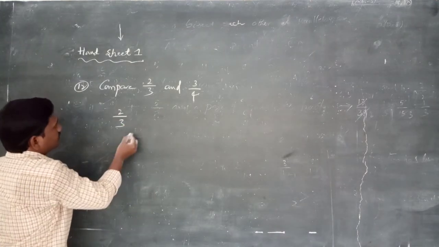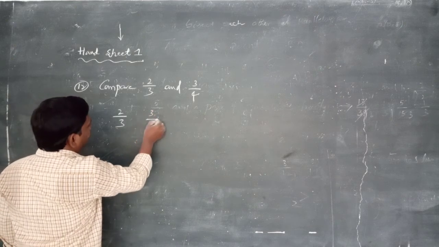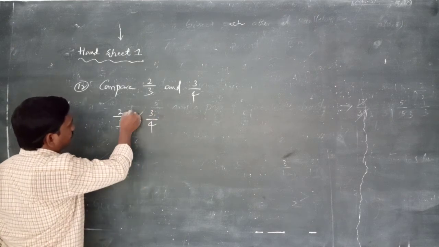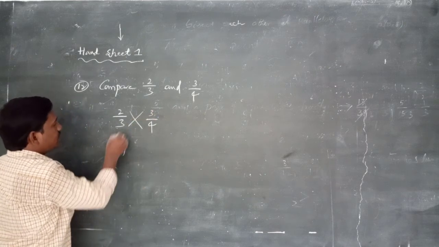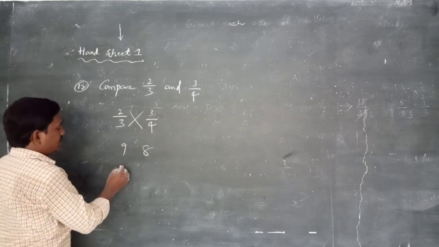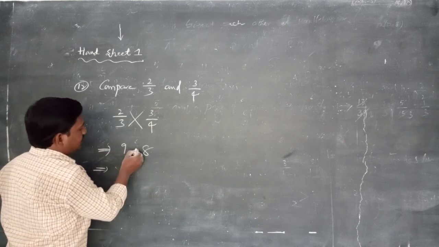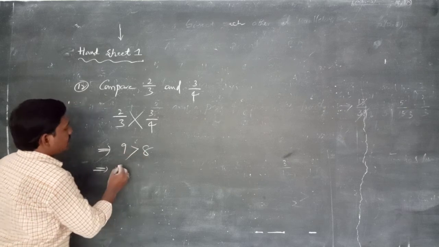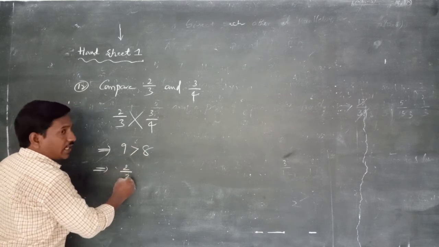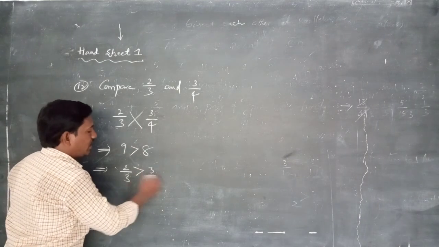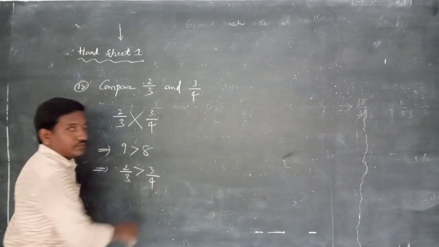Take the cross multiplication. 3 threes are 9, 2 fours are 8. So here 9 is greater than 8. So 2 by 3 is greater than 3 by 4.